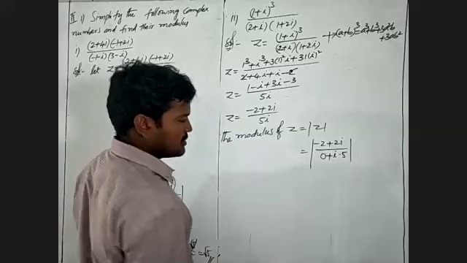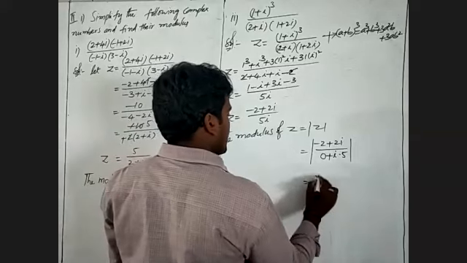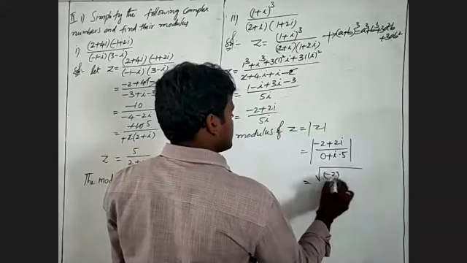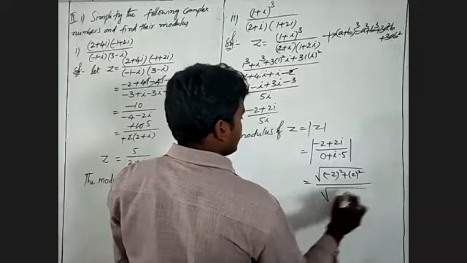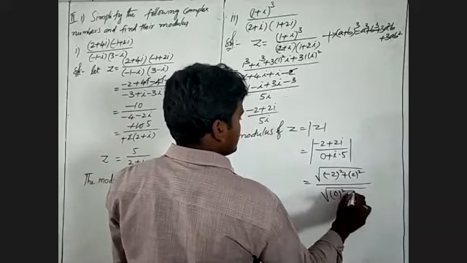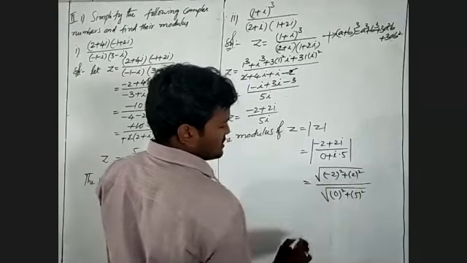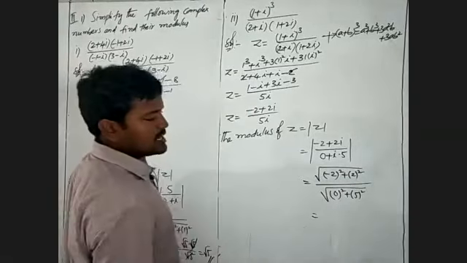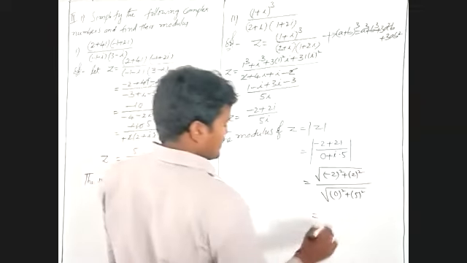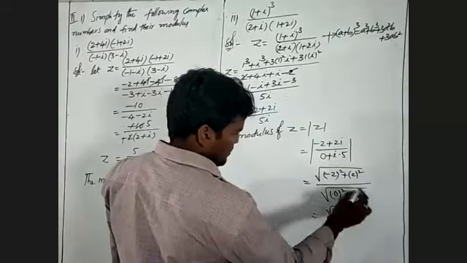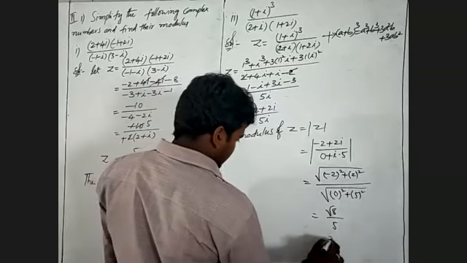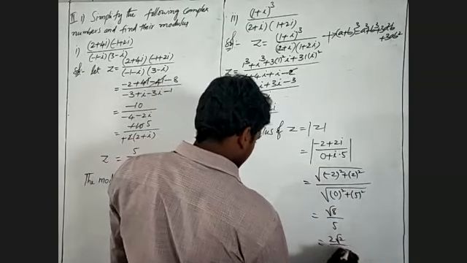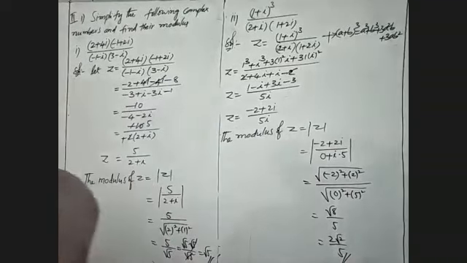That means here we have to write root of minus 2 whole square plus 2 square, by the denominator root of 0 square plus 5 square. That is nothing but 2 square is 4, again 2 square is 4, 4 plus 4 is 8. Root 8 by 5, the square and root cancel in the denominator, remaining is 5. Root 8 is nothing but 2 root 2, so the answer is 2 root 2 by 5. This is the modulus of the given complex number.